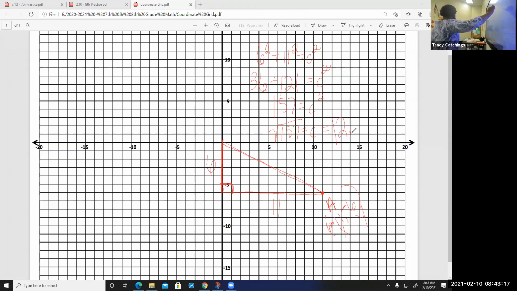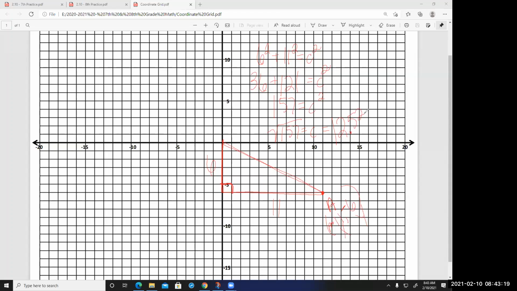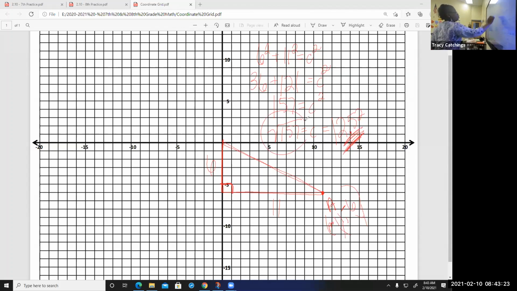Try not to round up unless they just tell us to. And usually, if we don't get a whole number, they will usually leave it as that square root. So this gave us 12.52. So which column would it fall in? Less than 15 units. Good job, Mariah.